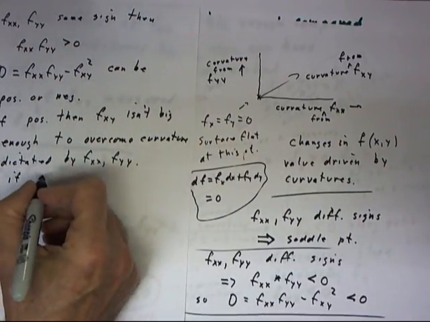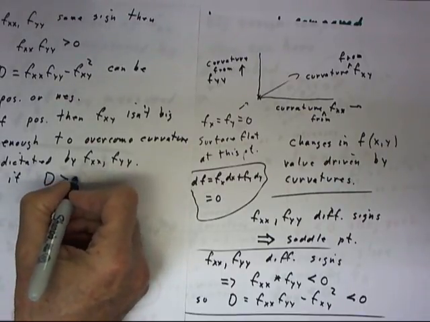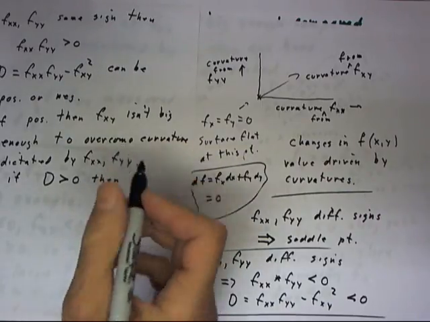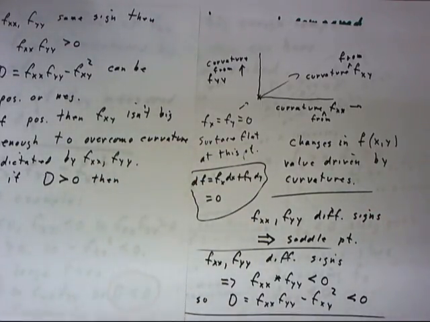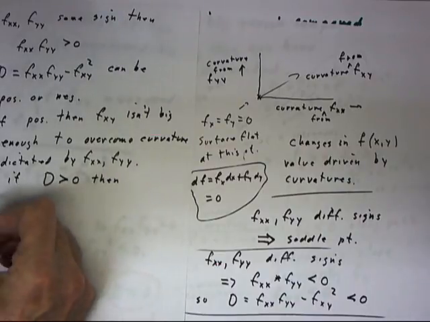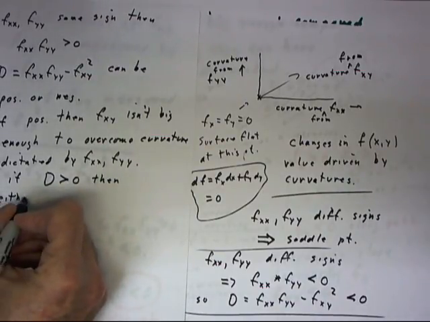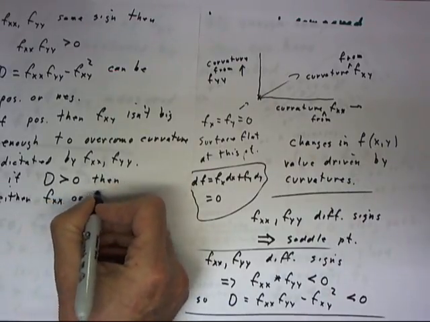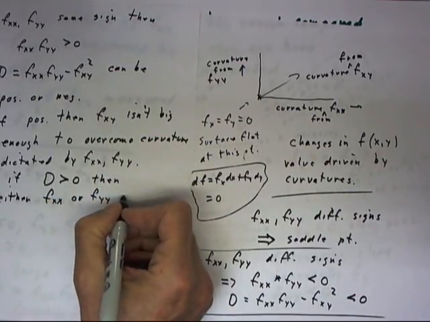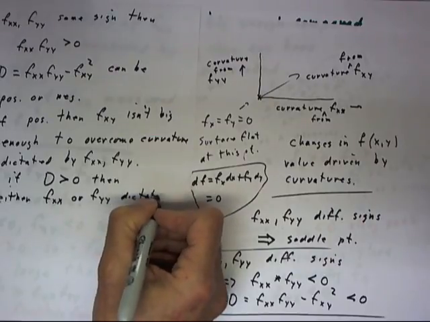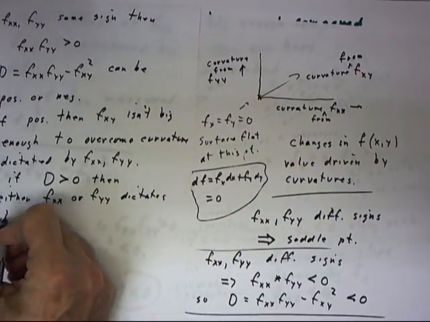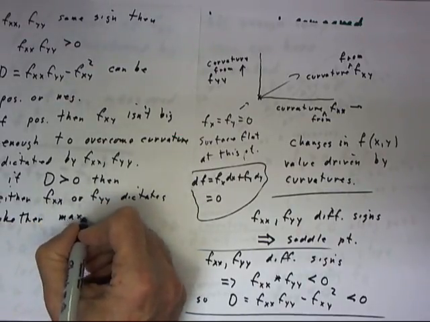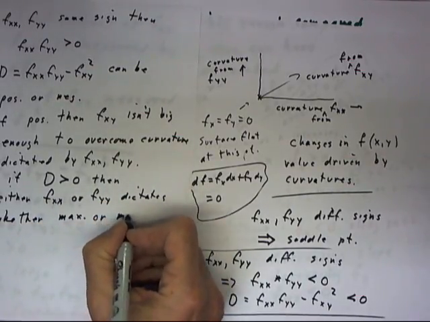So if the discriminant is greater than 0, then either fxx or fyy dictates whether you have a max or a min.